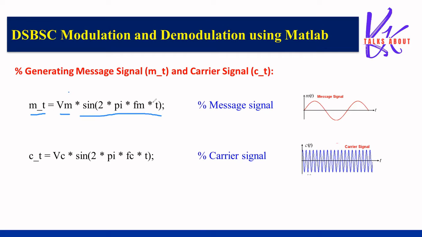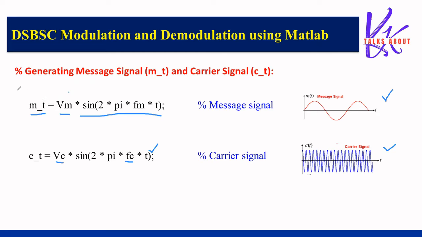Either you can take cos of 2 pi fm t or sine of 2 pi fm t. And for the carrier wave also, we have defined the amplitude as Vc, the frequency as Fc, and already we have defined the time. So we are taking it as Vc sine of 2 pi fc t. Here also you can use the cos. Both are sinusoidal waves.